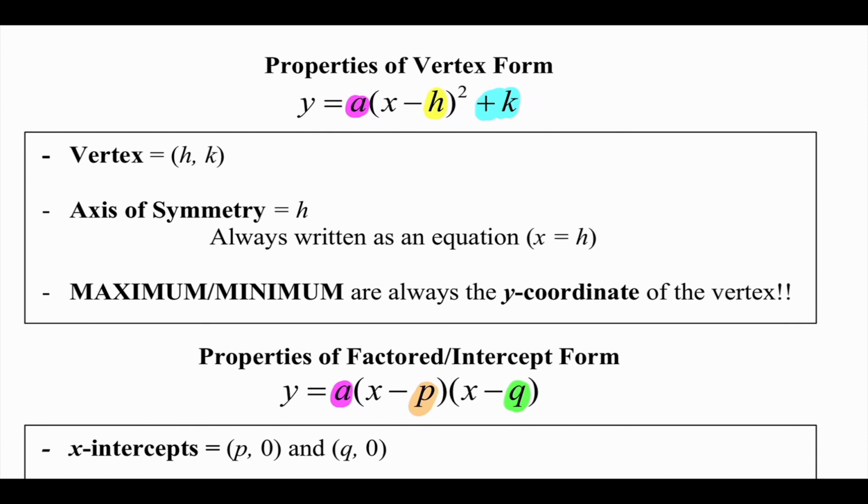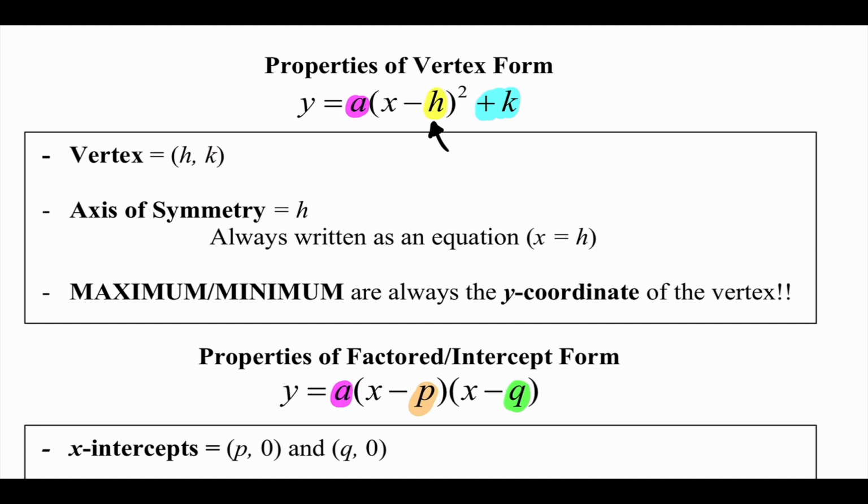Here's the catch. The only catch with vertex form is H is a liar. So when we want to find H, a lot of times it'll present itself as a positive or negative, when in fact it's the opposite.